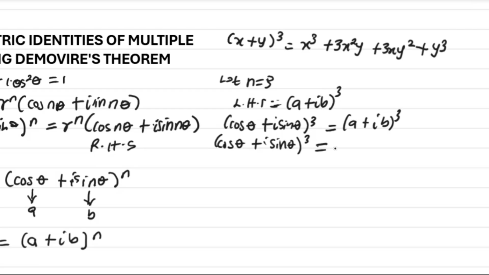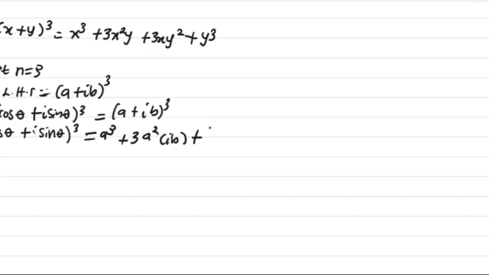So using the same concept here, A plus IB raised to power 3 is going to give us, with x being A and y being IB, A raised to power of 3 plus 3A square IB plus 3A times IB raised to power of 2 plus IB raised to power of 3.